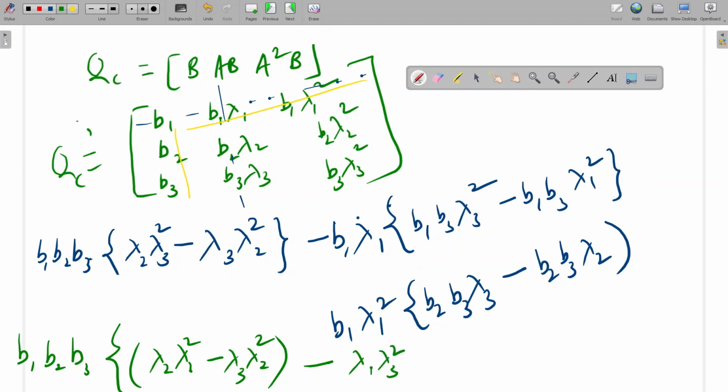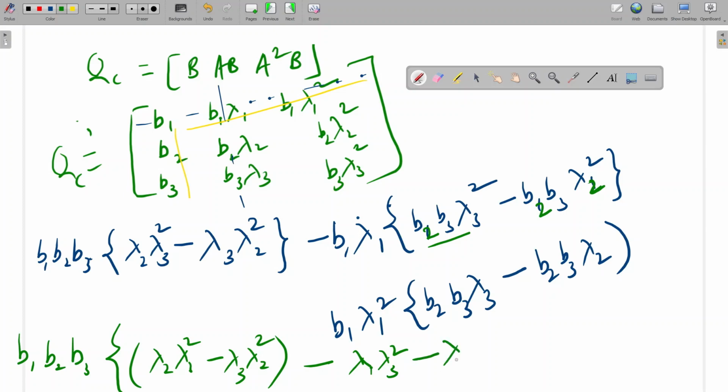I have taken b1 lambda 1 common here, so b2 b3 will be there, and the other b2 b3 will be crossed out. So lambda 1 lambda 3 square, and again here lambda 2, correct?